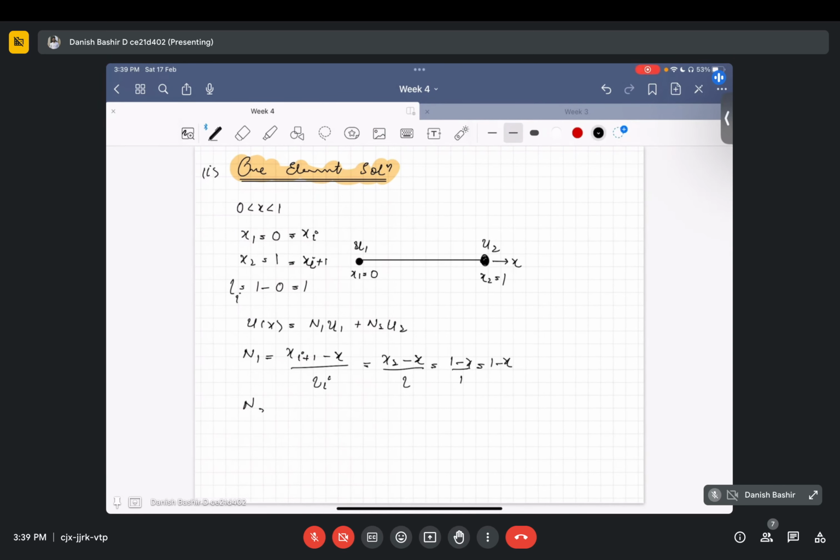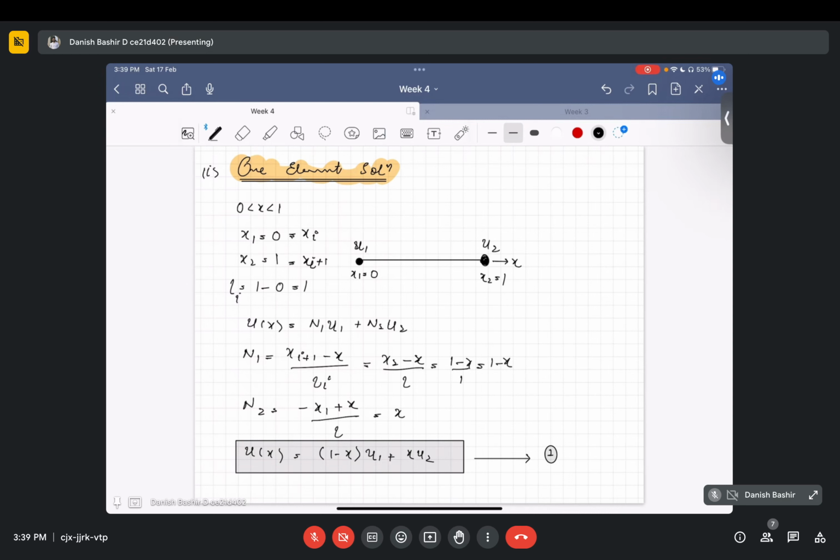Similarly, N2, that is N(i+1), following this procedure is (x minus x1) divided by L. It will boil down to x. Substituting all the values, our trial solution therefore becomes u of x equal to (1 minus x) times u1 plus x times u2. This is our equation 1 in this problem.